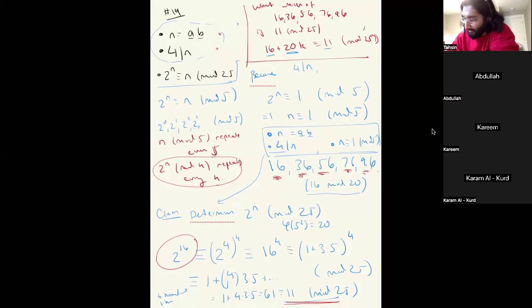Certainly by inspection: this is 16, then this one is 11, this one is 6, this one is 1, and then this one is 21. So it's this one. Does it make sense?